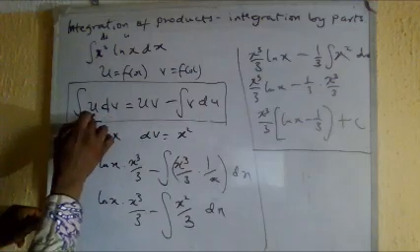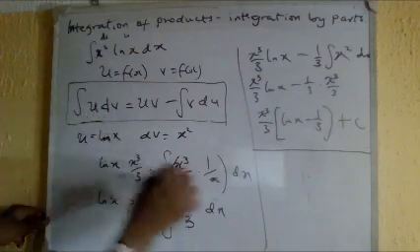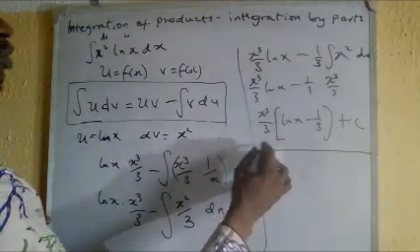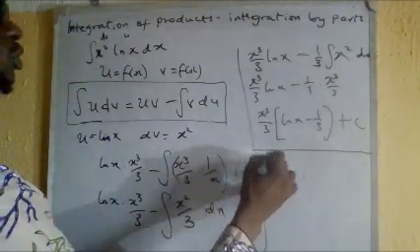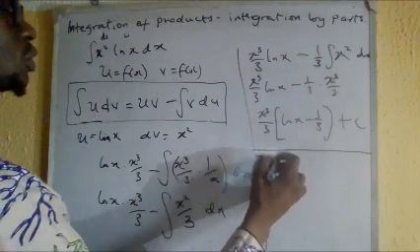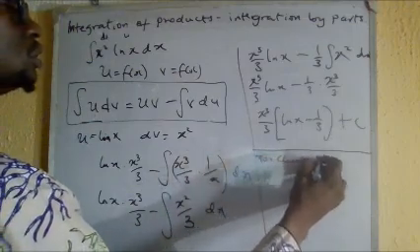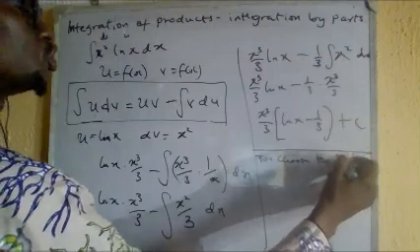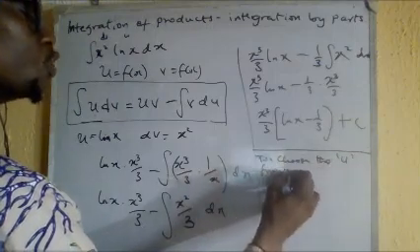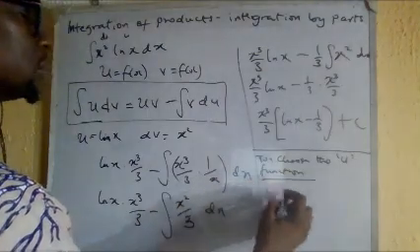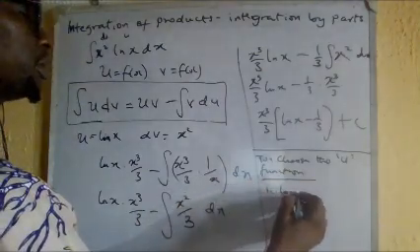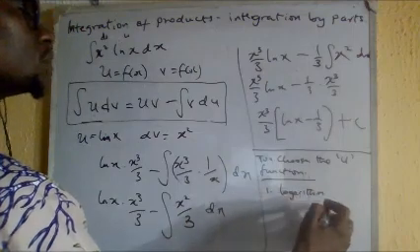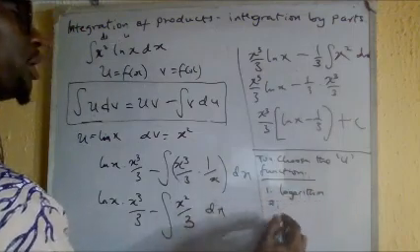So the rule is to, first of all, make it easier by choosing what u will be. To choose the u function, we'll go according to this order. Number 1, if I see any logarithmic function, I will take it first. Then number 2, if I see any function of power of x, I will take it.